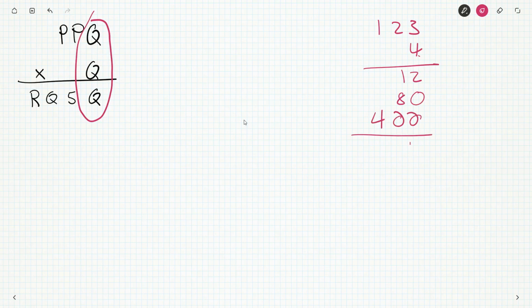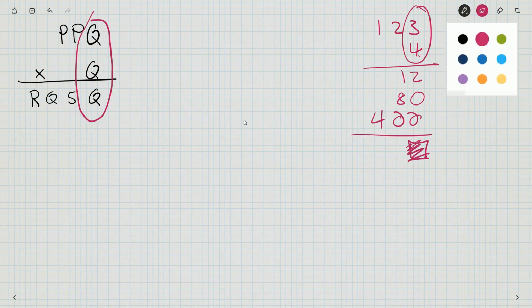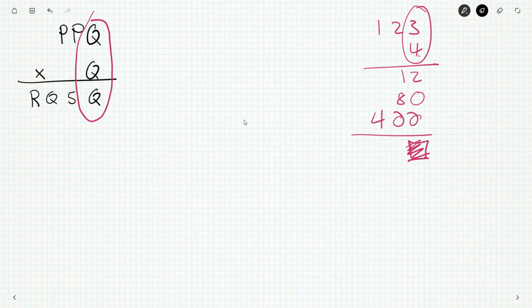But the only thing that contributes to the units digit is the multiplication of our two units digits in the actual factors that we're multiplying together. So we realize that, and we say, okay, Q must be the units digit of Q squared. Okay, when can that happen?